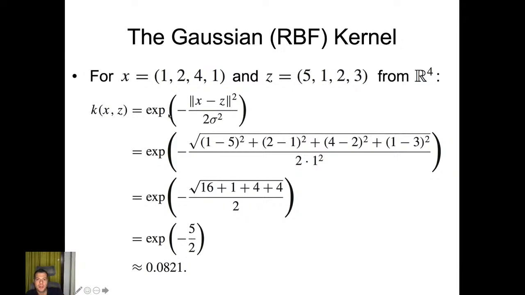When we have distance 0, this will have e to the power of 0, so it will be equal to 1. And if you have a very large distance, this will asymptotically approach the value of 0. So sigma controls how soon these values go down to 0.